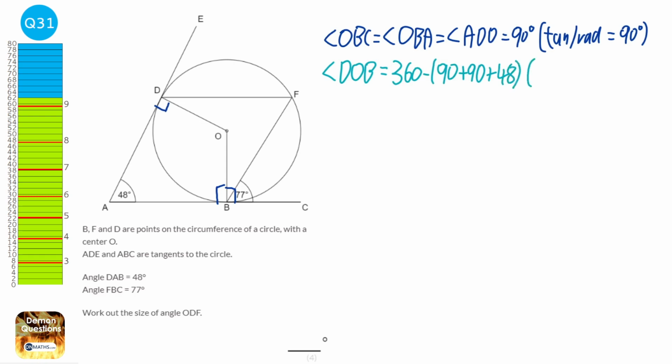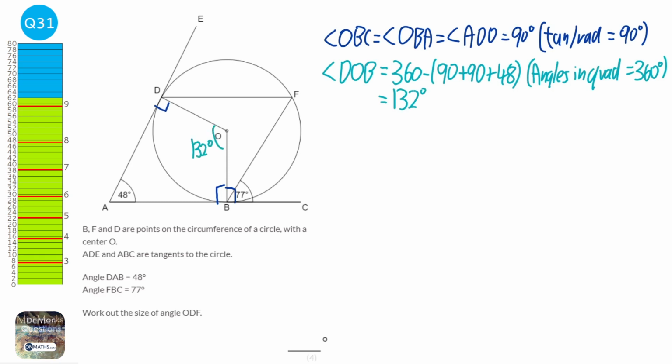And the reason for that is angles in quadrilateral add up to 360 degrees. And so when you do 360, take away that, you get 132 degrees. So this is 132.